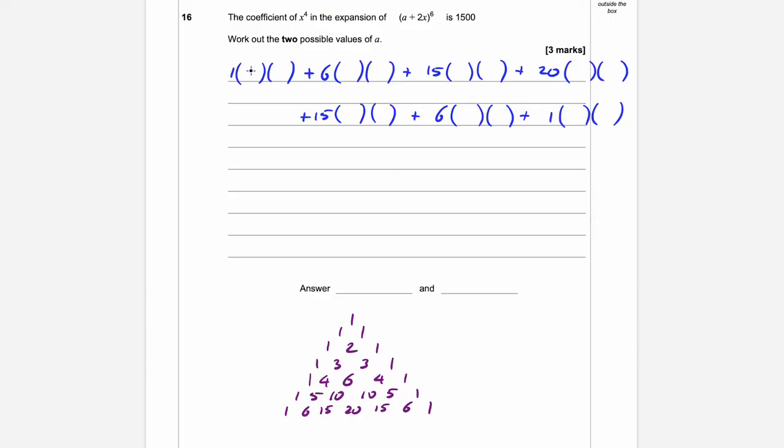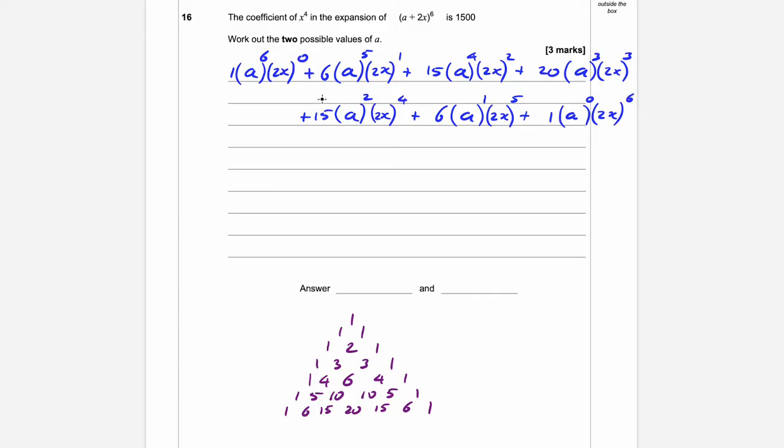So in the first one I put a, so I get a. Second one goes 2x, 2x. Then the powers here go down: 6, 5, 4, 3, 2, 1, 0. And here they go up: 0, 1, 2, 3, 4, 5, 6.